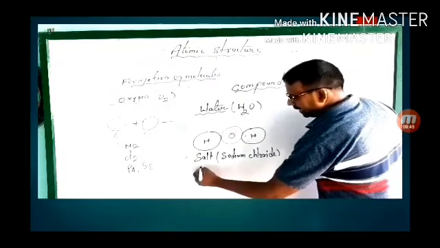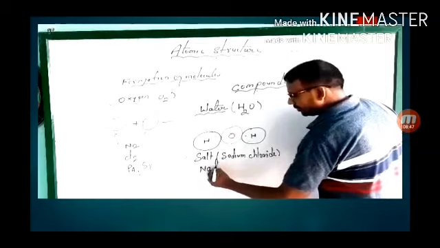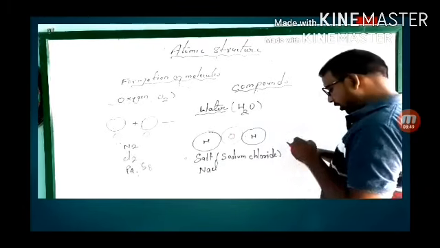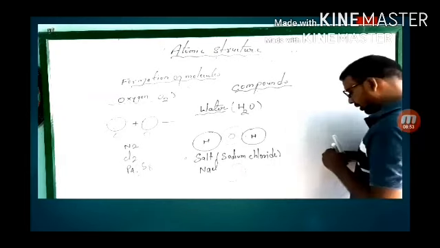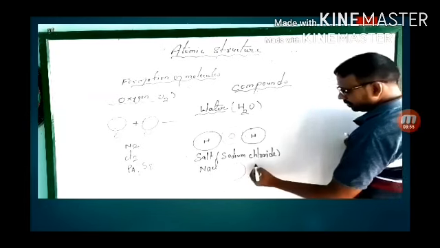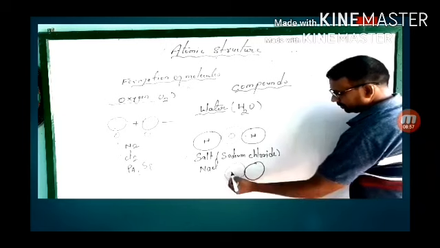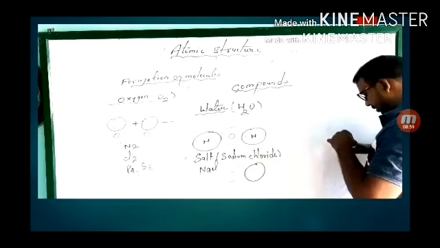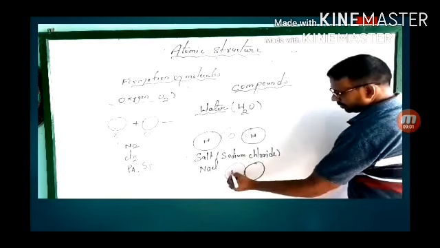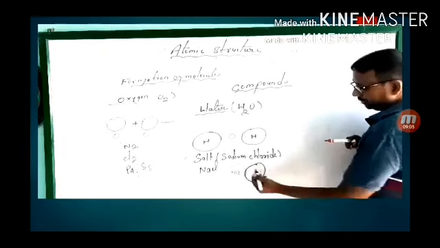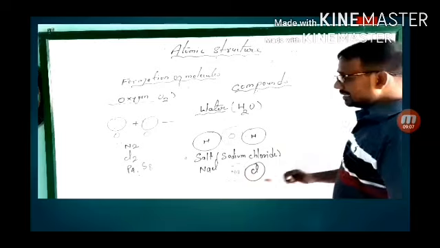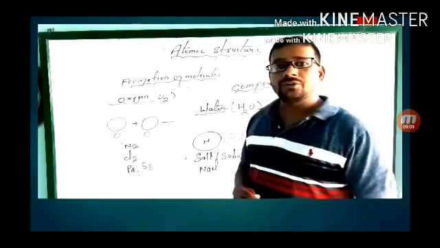The formula is NaCl. One atom of sodium combined with one atom of chlorine. Red stands for sodium and black stands for chlorine, and you can see this is an example of a compound.